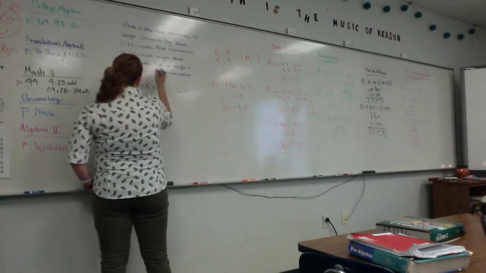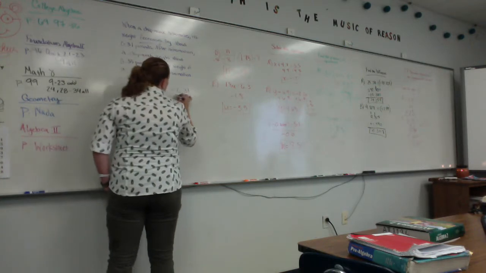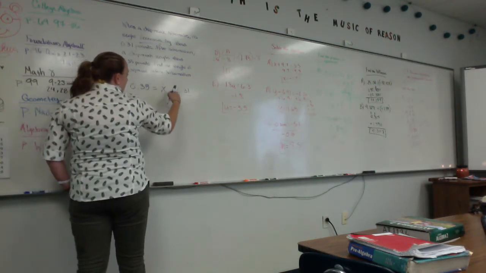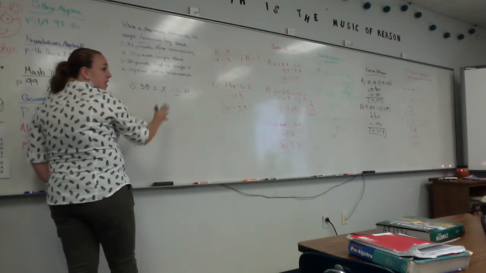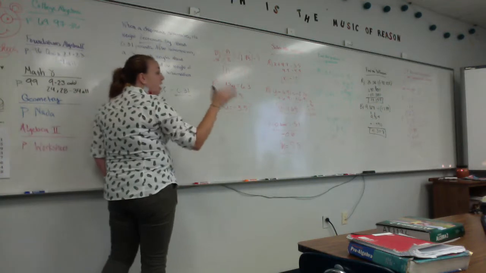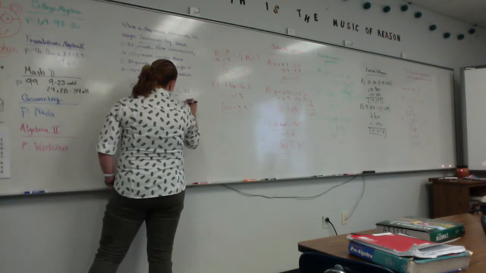Because it says it decreases, that's our clue right there, by this much. When it decreases, I'm subtracting. So whatever my weight was, I lost 0.31 pounds. I now weigh 0.35. So now, how do you solve from there? You add 0.31.